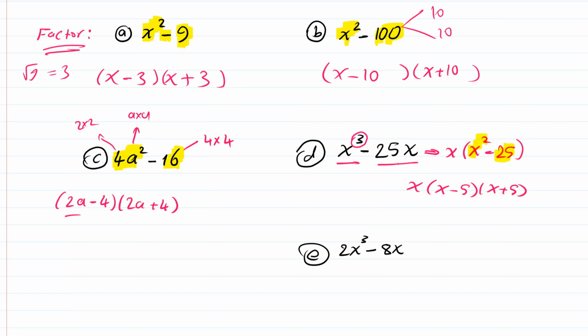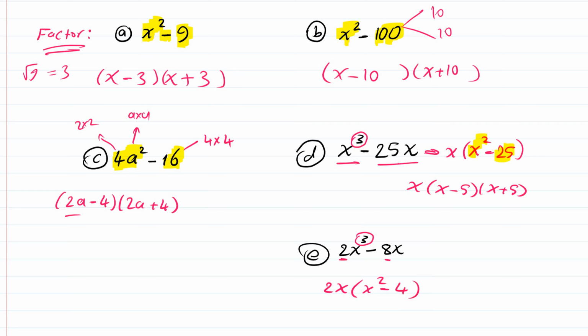Last one, students, again here we have a number and variable in common, right? It is x power 3, 2 also not square, 8 not square, and x power 3 is not a square, so we need to use GCF first. Factor 2, factor x also. 2 divided by 2 equals 1, x power 3 divided by x is only x power 2, minus 8 divided by 2 is 4, x divided by x only x.